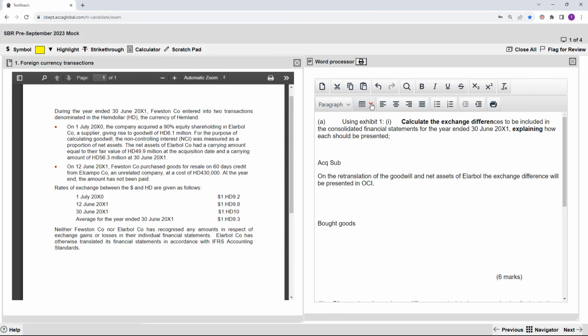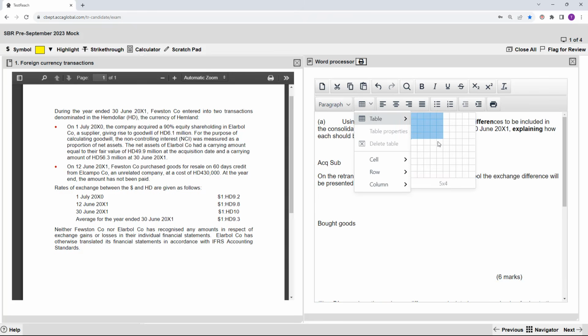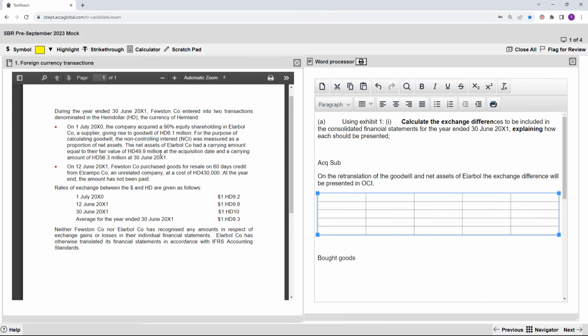Now, you could do it in a spreadsheet, but I don't think it's a complicated thing to do. We've got a 90% sub. We've got goodwill of 6.1 million. So we've got an exchange difference arising on the retranslation of the goodwill.